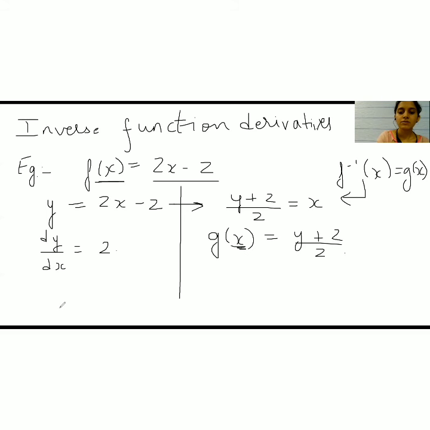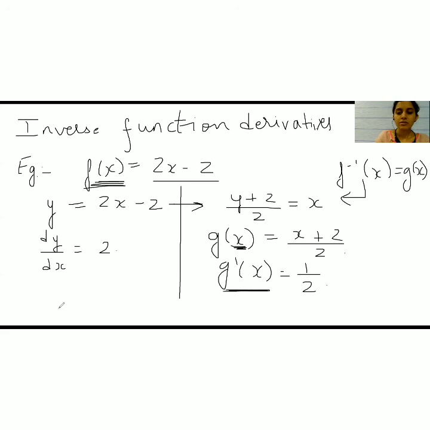But since I've written g of x, instead of y, I'll put x over there. So it's an inverse function only with the same letter, (x plus 2) upon 2. Now let us take g dash of x. So g dash of x will be 1 upon 2, right? This is the inverse function of our f of x.